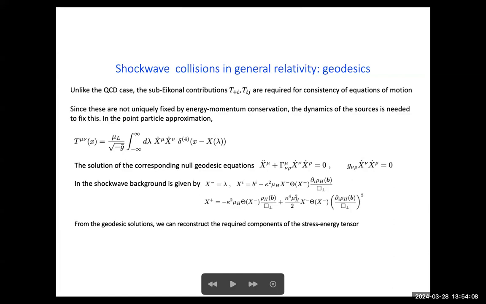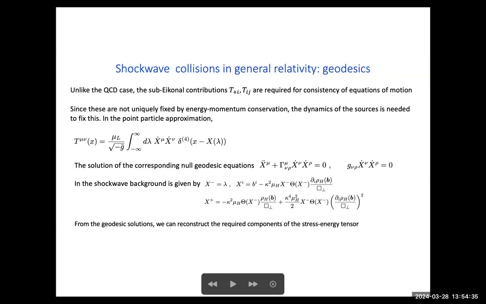And so if you have null geodesics, you can parameterize them by a so-called affine parameter here. So this is the geodesic equation. These are the Christoffel symbols that describe this evolution. And null means that this object, x dot squared, is 0. But you can solve these equations, and there's an explicit solution to some order in the density of these sources.